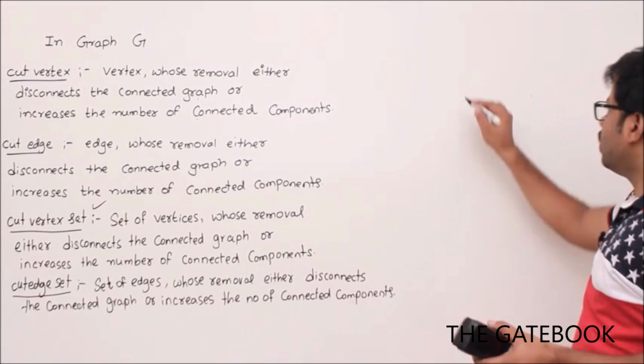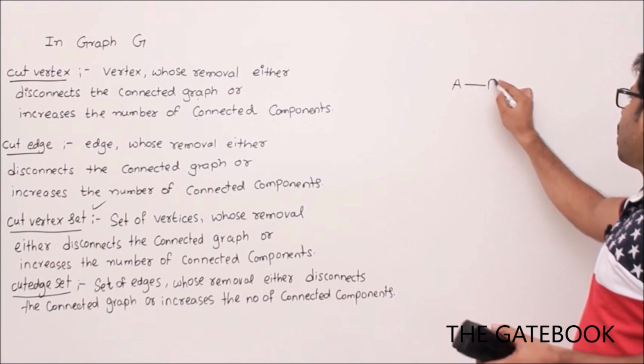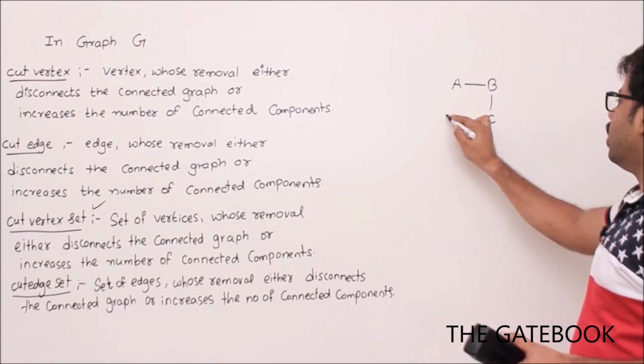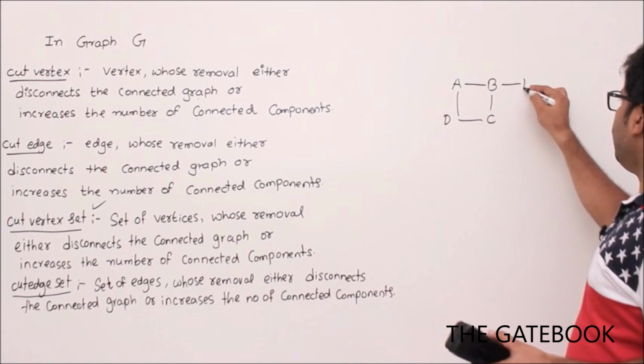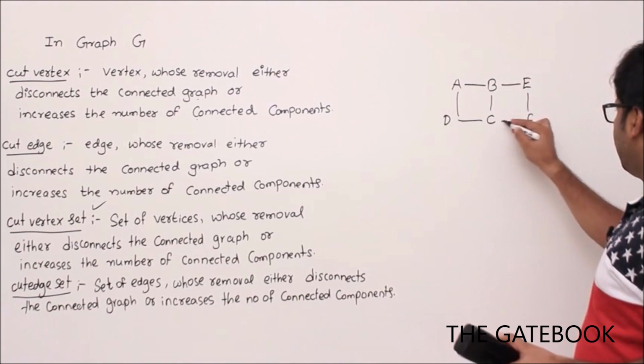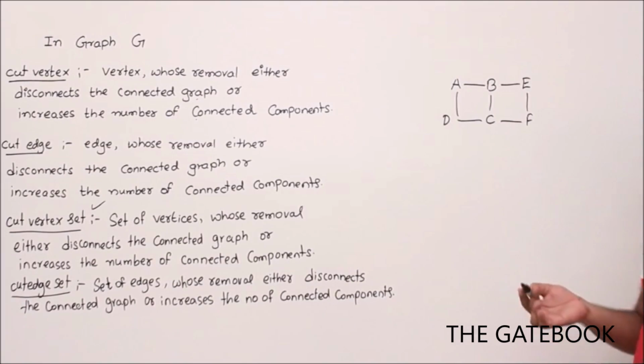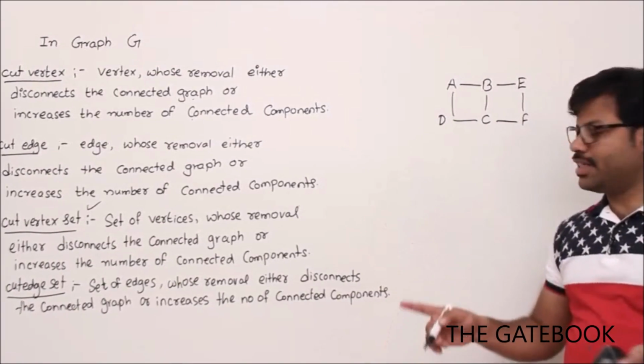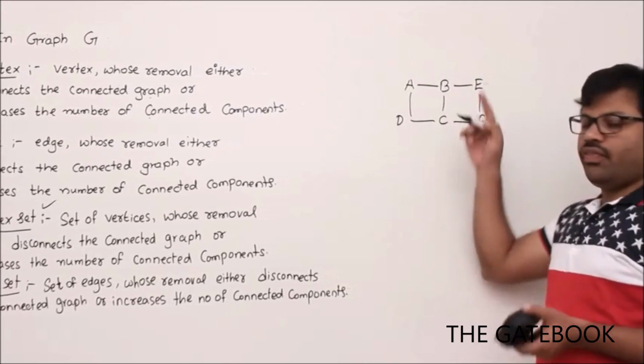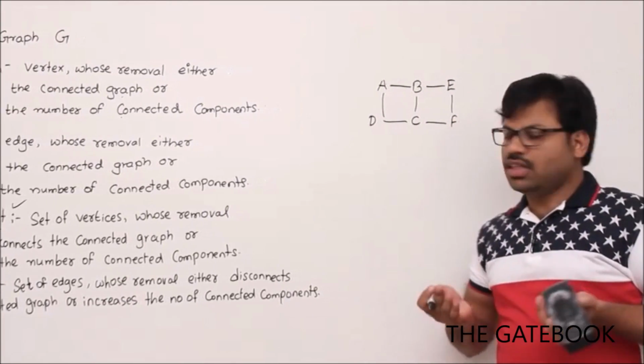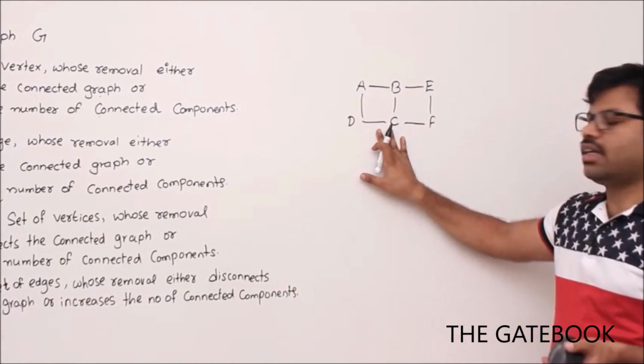An example is A, B, C, D, E, F. Let's take this example. So I'm calculating the cut vertex set. Its property: the removal of that combination of vertices should disconnect this connected graph.